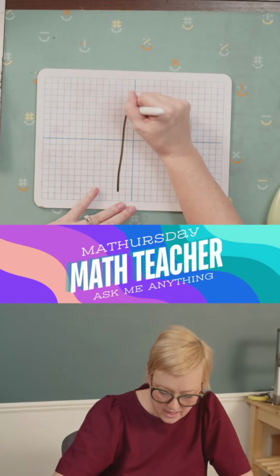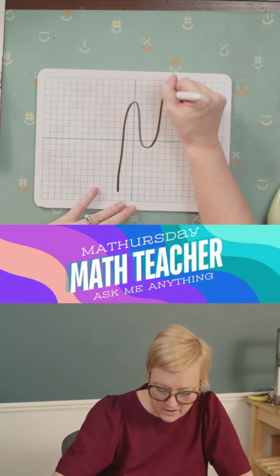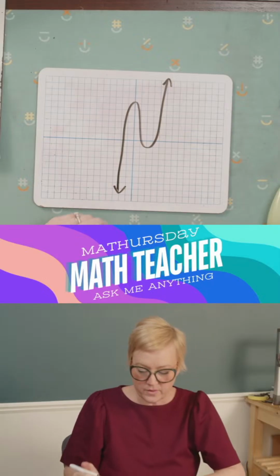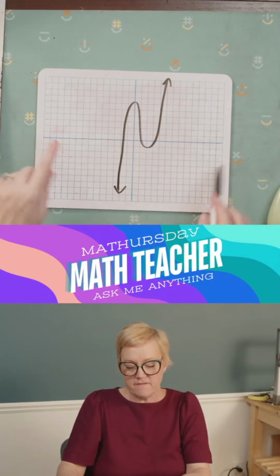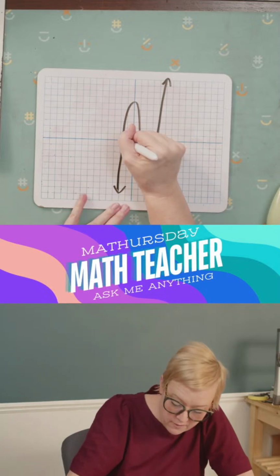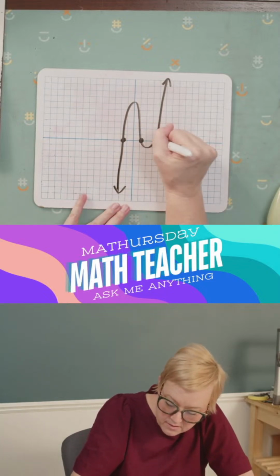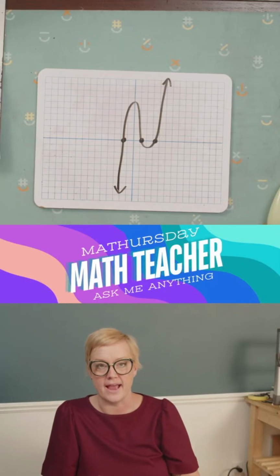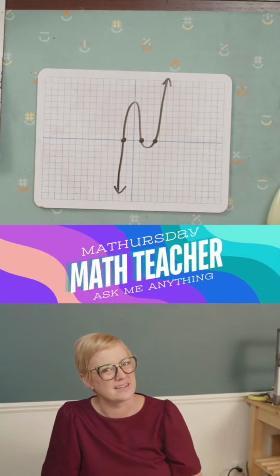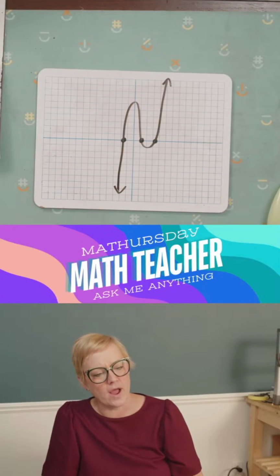It kind of goes up and then dips back down and then goes like that. This equals 0 part is when your y value is 0. So we can see from the graph, it's got 3 points where it crosses the x-axis. I said y-axis, didn't I? It's the x-axis, but y is 0.